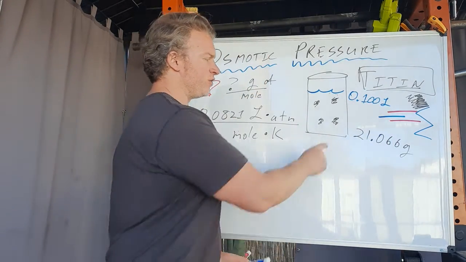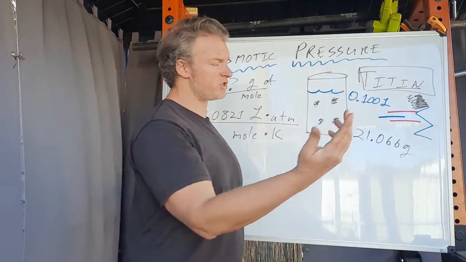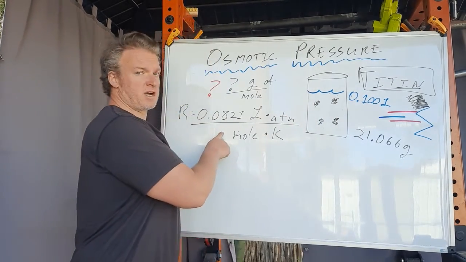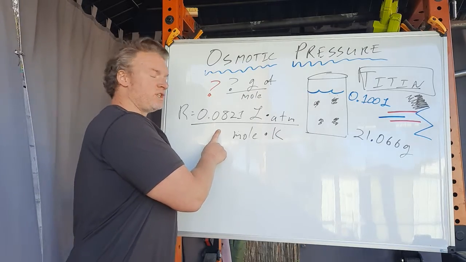We know these numbers because they were given to us in the question, or we made them in the laboratory. This gas constant we look up in a textbook or it is given to you in the question.